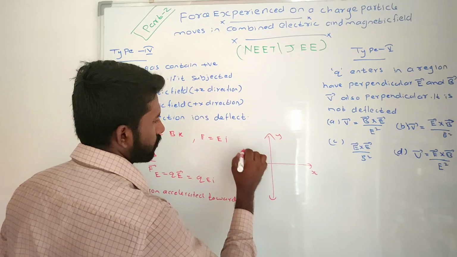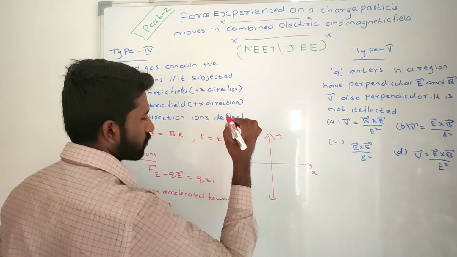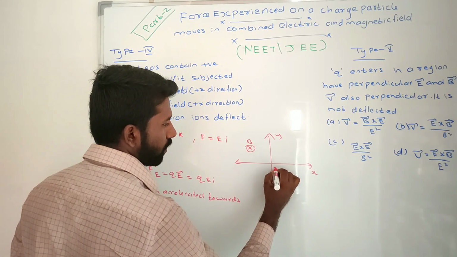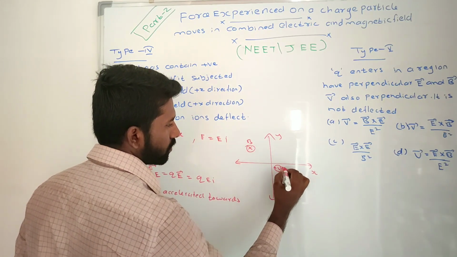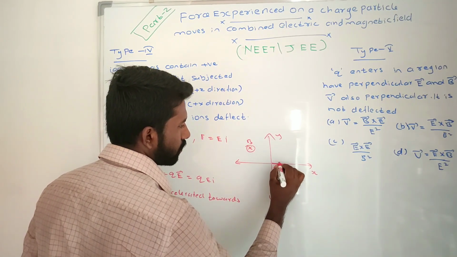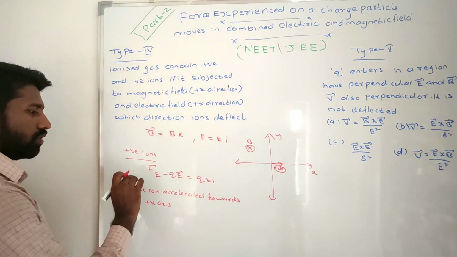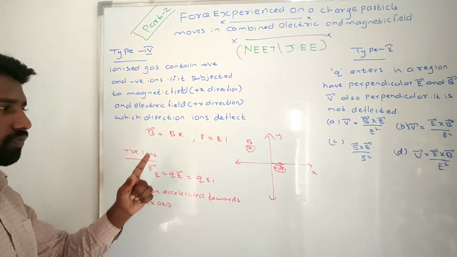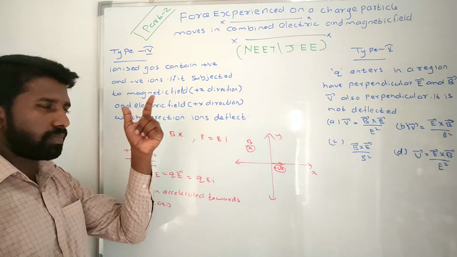So the positive ions will be trying to move in this direction, trying to accelerate due to this electrostatic force. One more force is there. What is that force? That is the magnetic force.